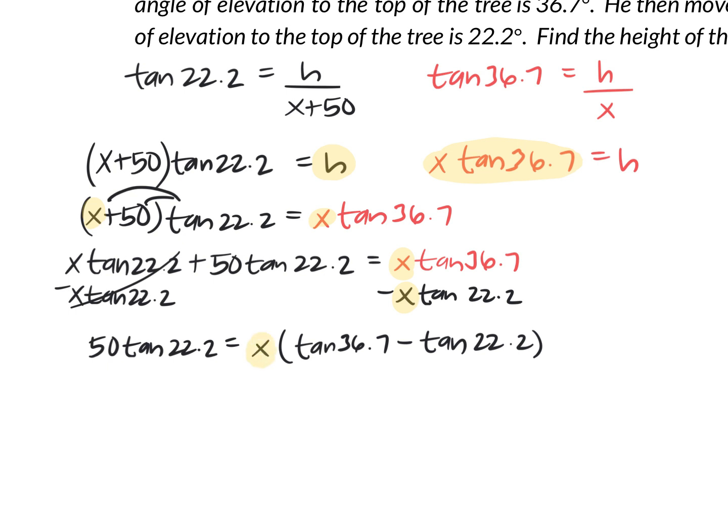So now if I want to get x by itself, what do I do? Divide by all that stuff in parentheses. Okay, so I'm going to divide by tangent 36.7 minus tangent 22.2. That goes away.